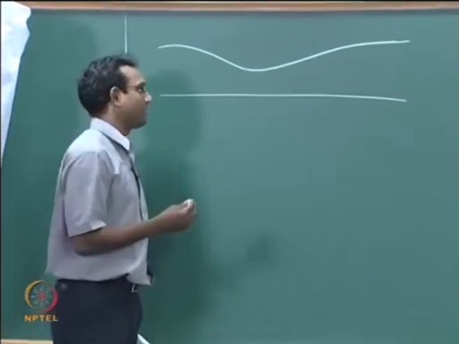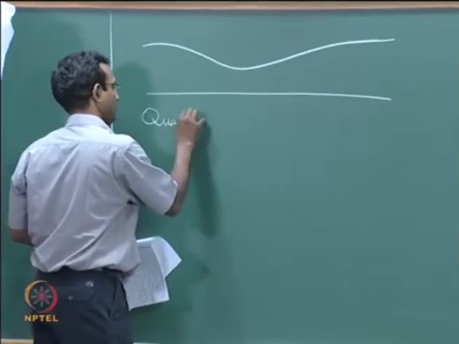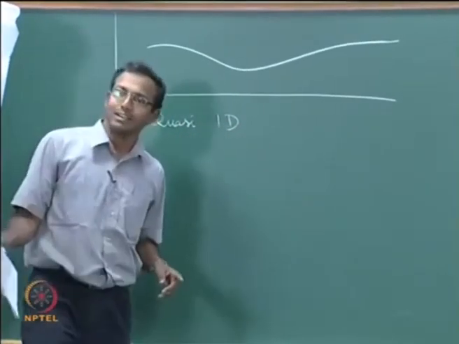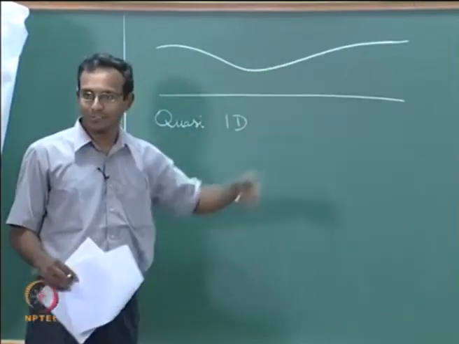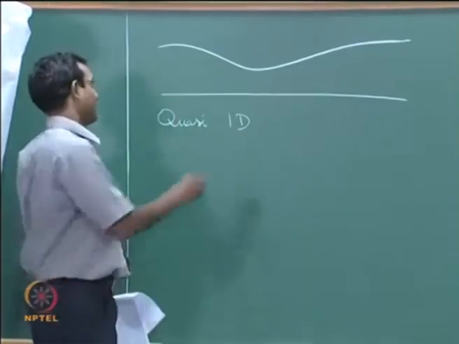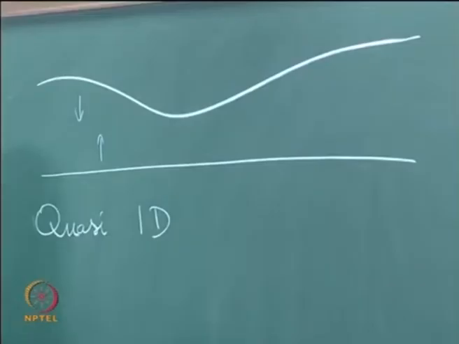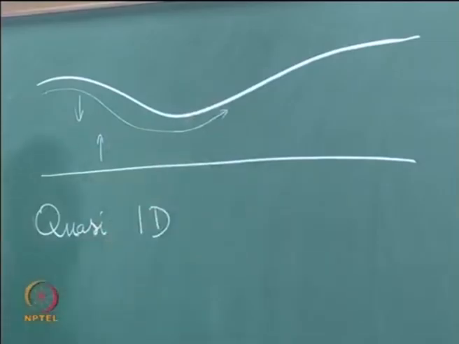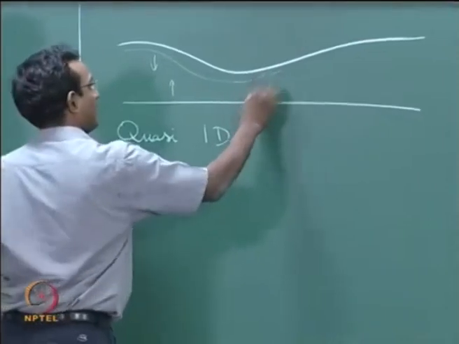I am going to use the quasi 1D assumption, where we say that the flow is going only along a particular direction and I am not worried about the perpendicular component velocities. Ideally if I think about the real flow, it is going to flow along the wall, it cannot flow in any other direction, but we will not worry about those. We will just say the flow is going straight.